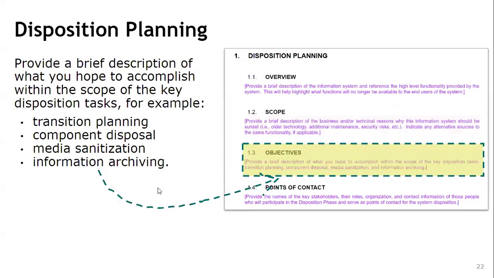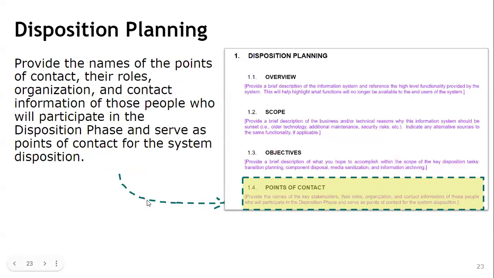And for the objective, provide a brief description of what you hope to accomplish within the scope of the key disposition tasks. For example, transition planning, component disposal, media sanitization, or information archiving. There could be different reasons or objectives for the disposition planning, so we need to include them under the objective.